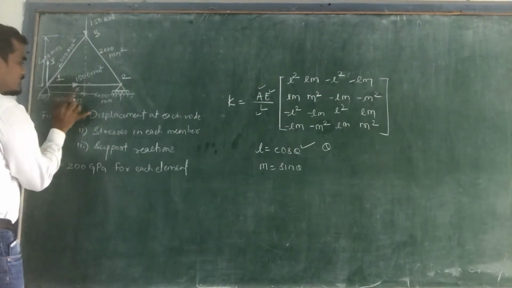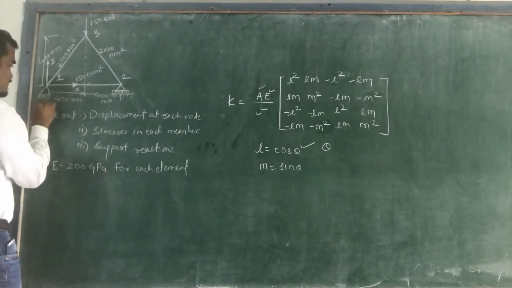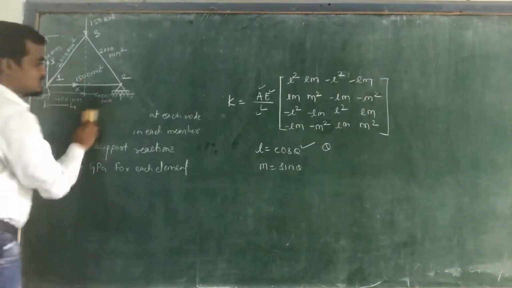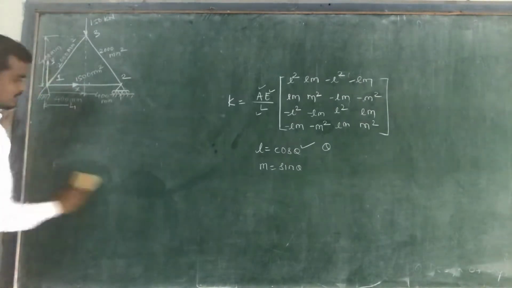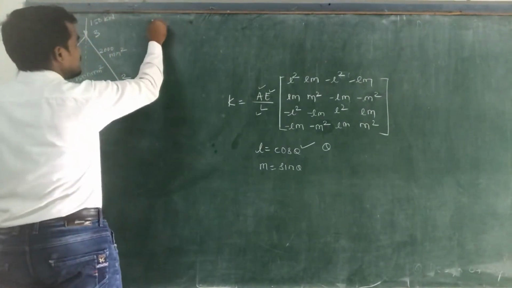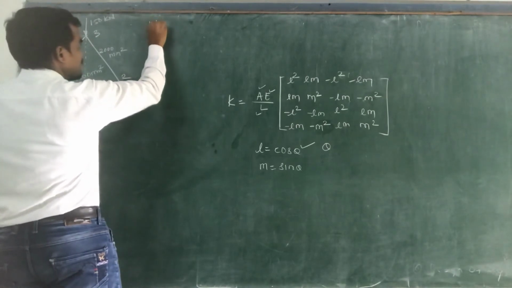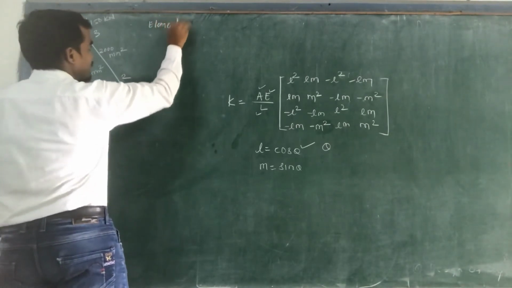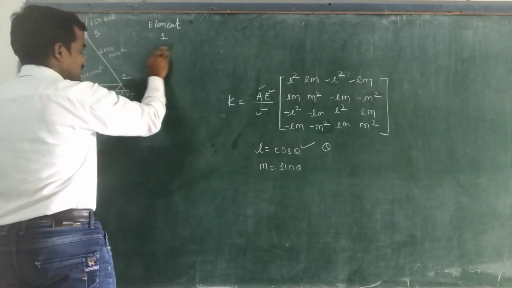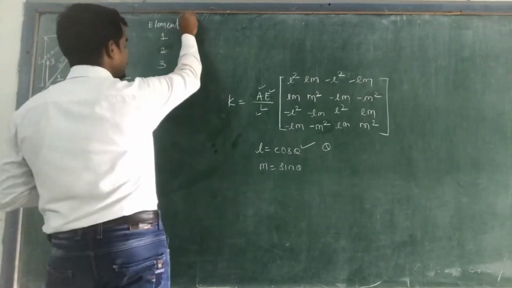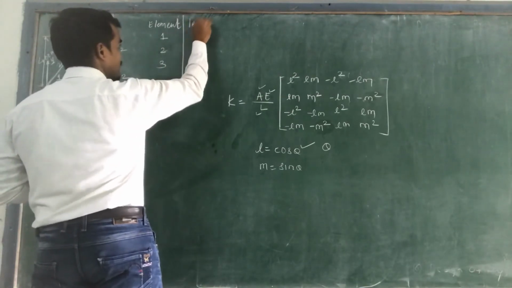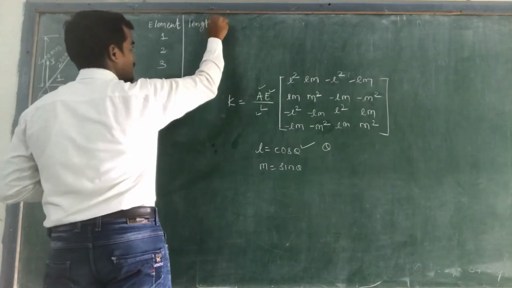Now we need to find out first the length, this L1. From this diagram we need to determine the length. So actually we need to construct one table. First one is element: 1, 2, 3. Then next thing is the length of that element.